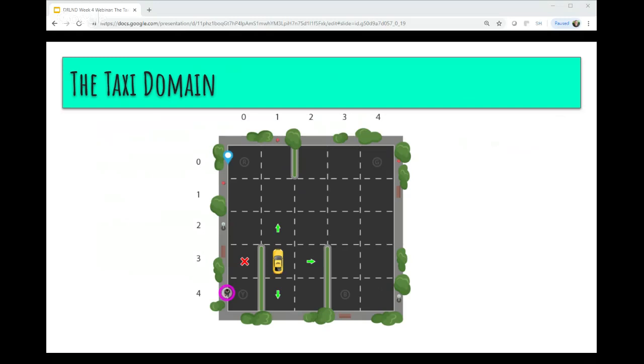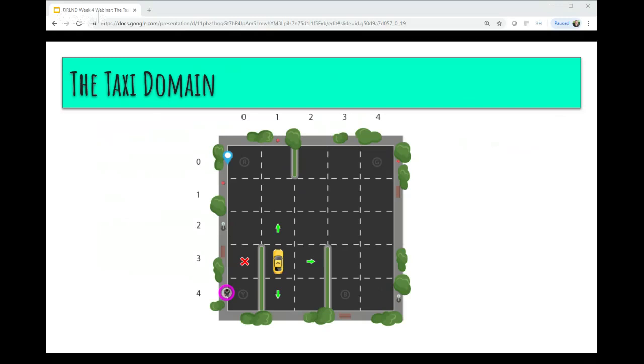And you see also on this diagram, there's two other little symbols. One of them has this little picture of, I guess, a person with a purple circle around him. That's where the passenger currently is waiting to be picked up. And then in the upper left corner at 00, you see this blue marker that indicates where that passenger would like to go.